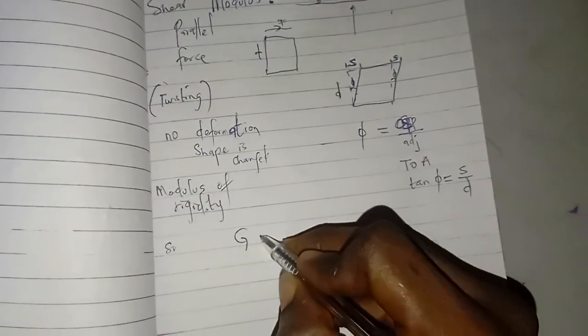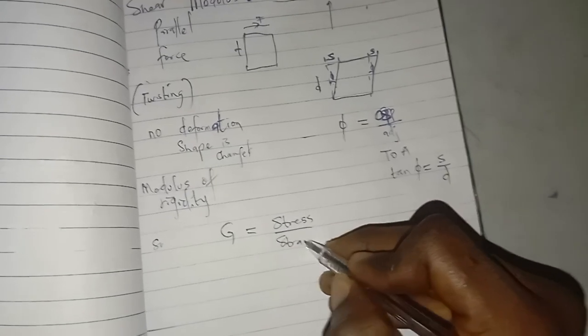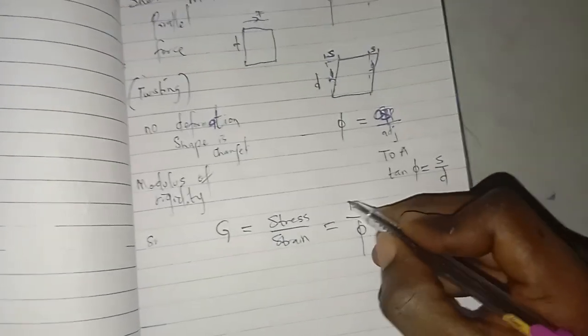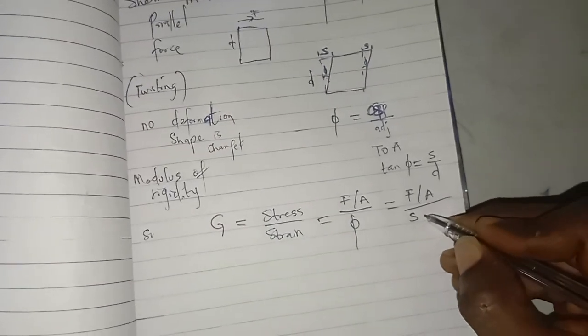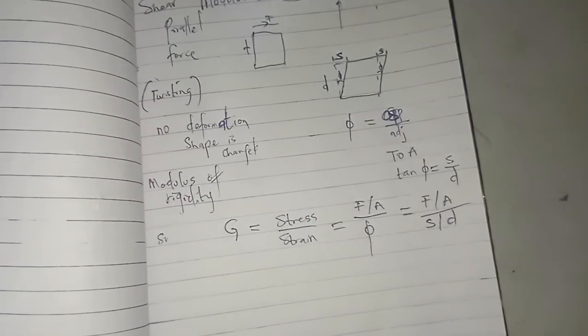you now go back to what modulus is. So you say that G, shear modulus, is equals to stress over strain. And the strain here is represented with phi. So all over F over A. So this is F over A all over displacement over the height, or I say the distance.